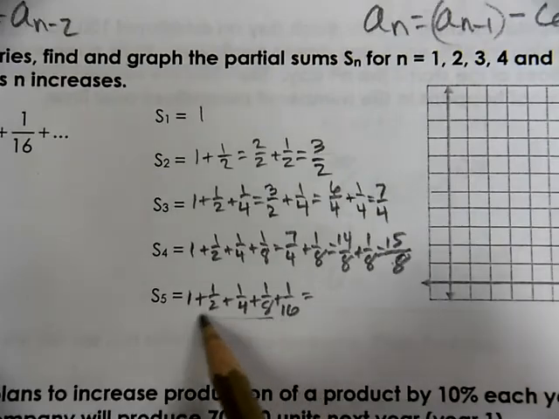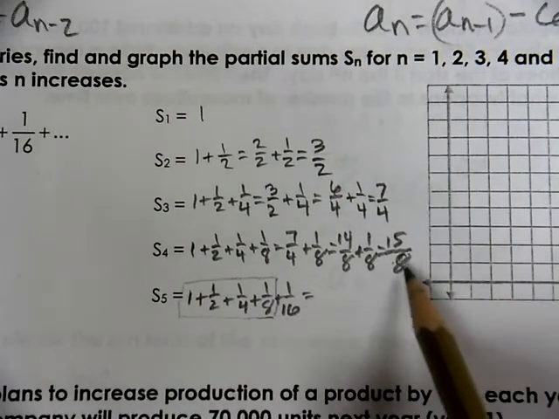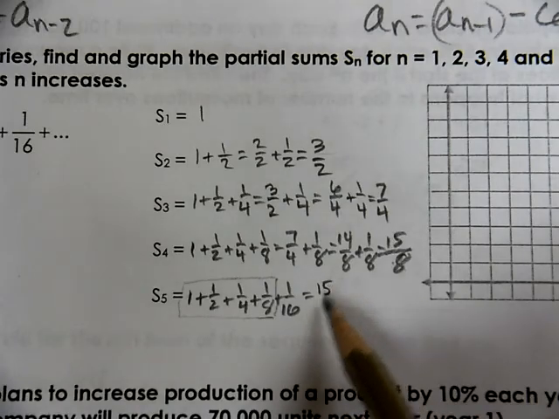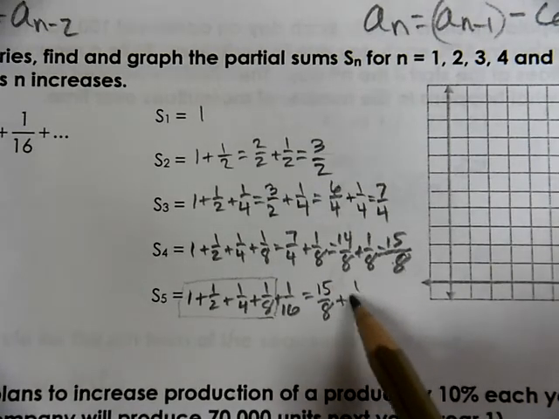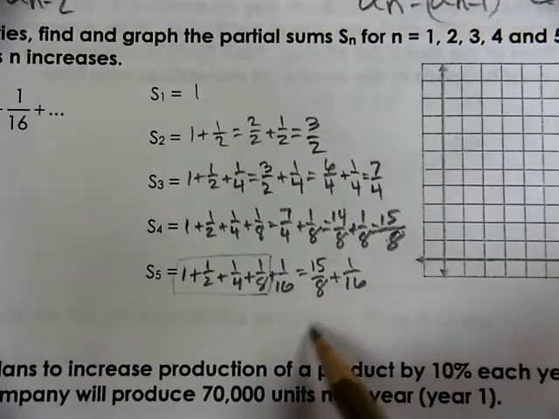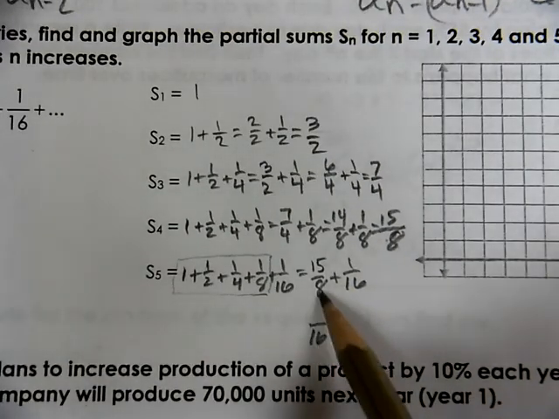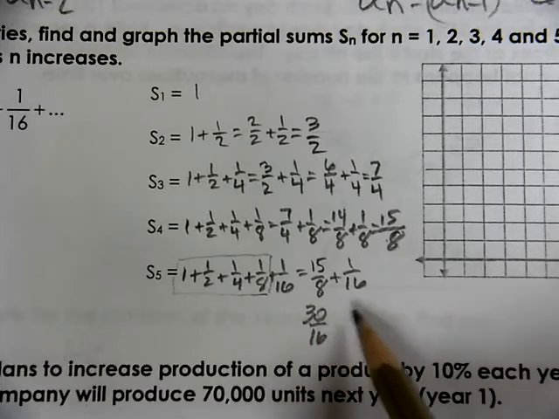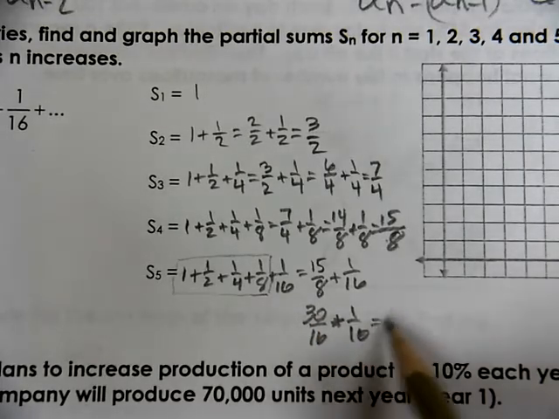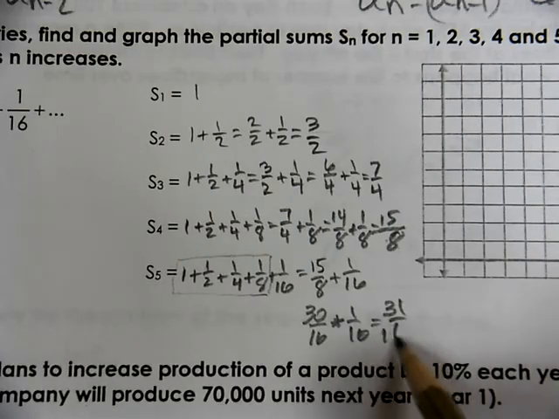All of these add up to 15/8. So that's going to be 15/8 plus the 1/16. Well, common denominators are going to be 16, so I multiply that by 2. That's 31/16.